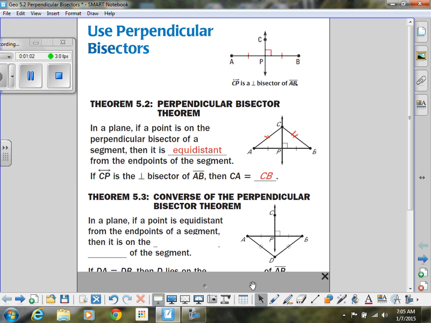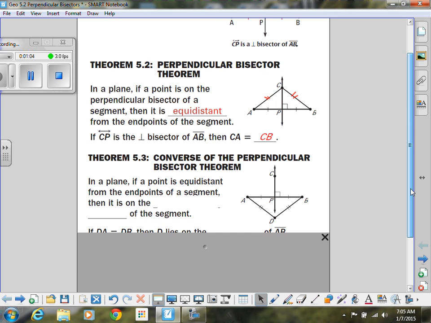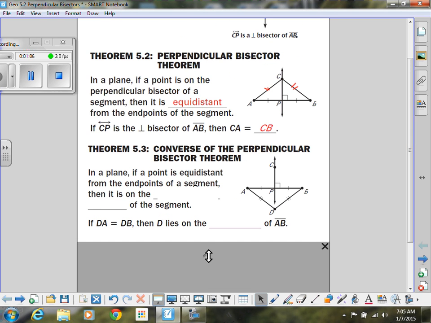Now the converse of that, remember converse means we just switch those around. So if we have a plane and I have this segment AB and the endpoints of the segment, first of all, CP is perpendicular to the segment AB.